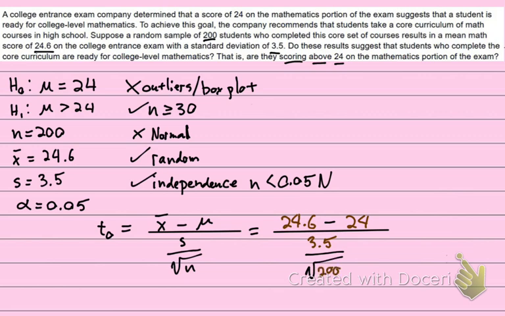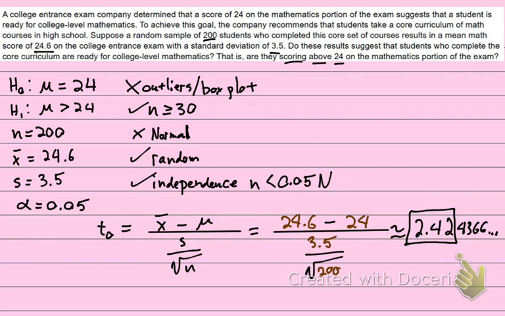And we put that into the calculator, and it's going to tell us that that is 2.424366, and on and on and on. They want us to round it to 2 decimal places. So 2.42, that's going to be our t-naught.